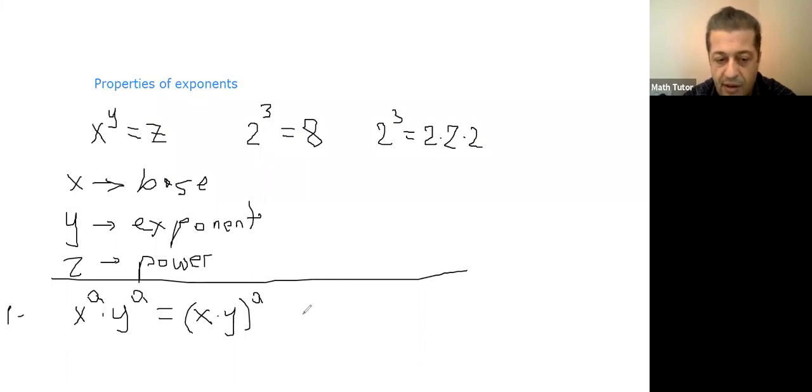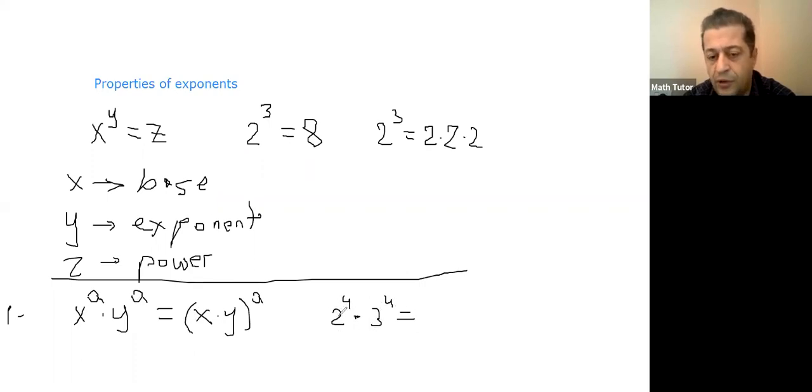Let's take, for example, 2 at power 4 times 3 at power 4. I will solve this exercise with 2 methods. The first method is not using any property at all, but finding the values directly.